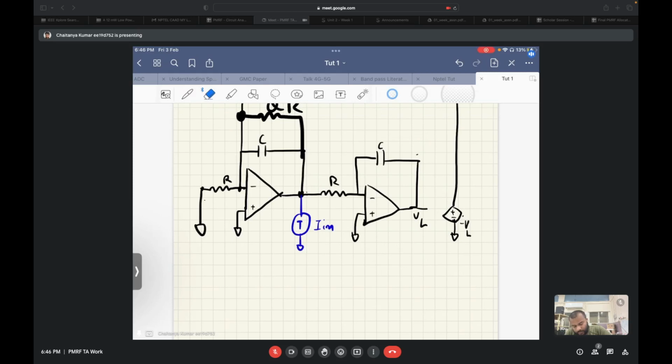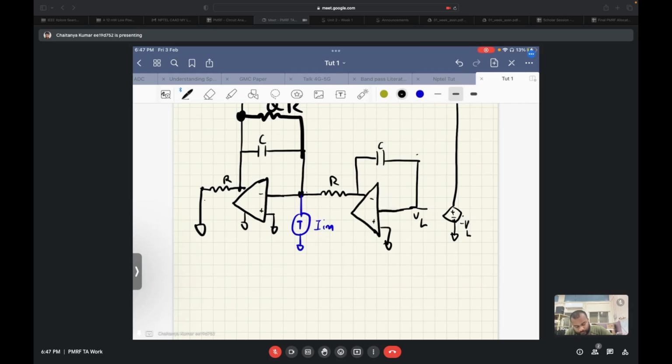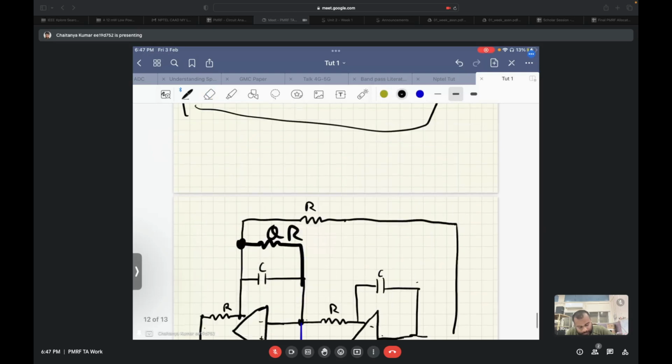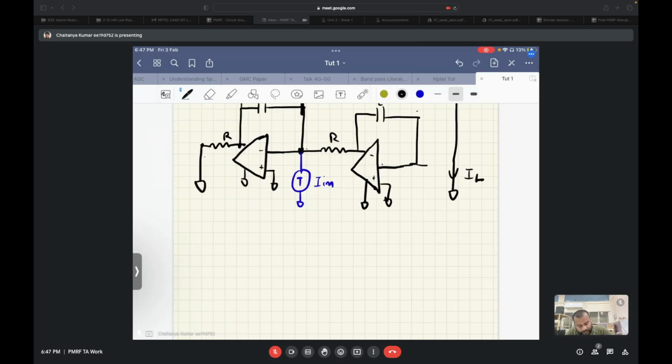The op amps will be inverted, and the same will be the case with the current source. So if we consider this as IL, which side will this go?